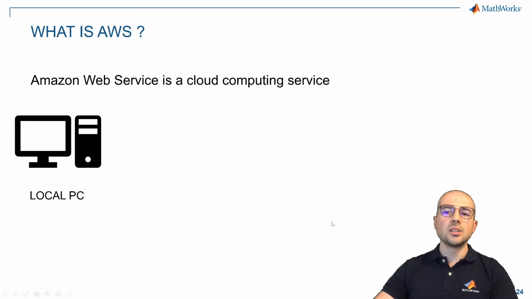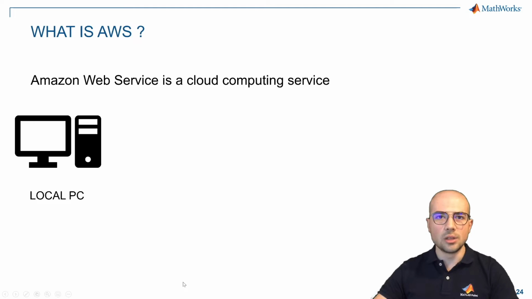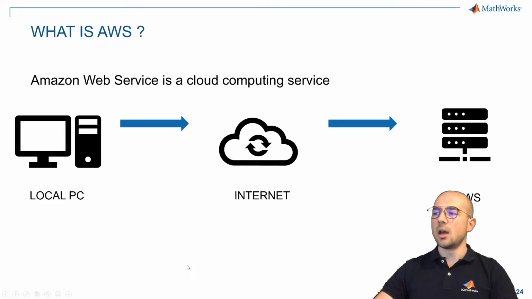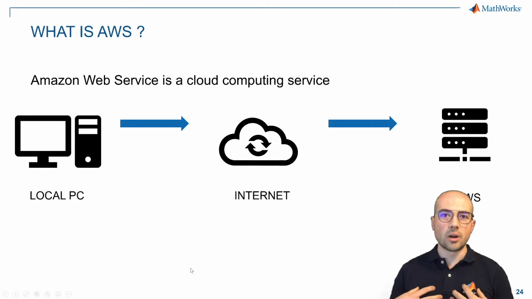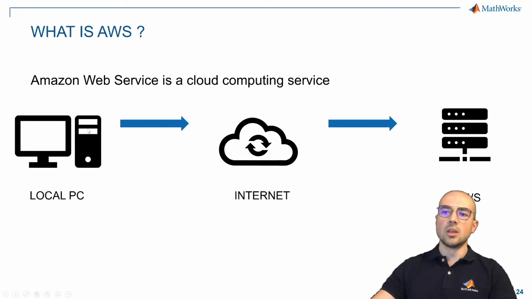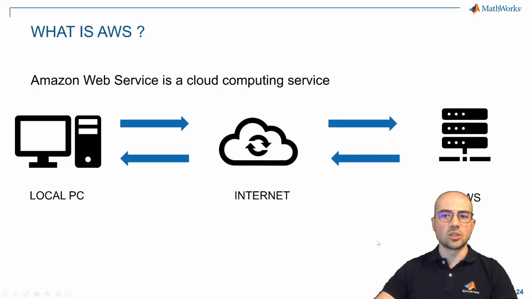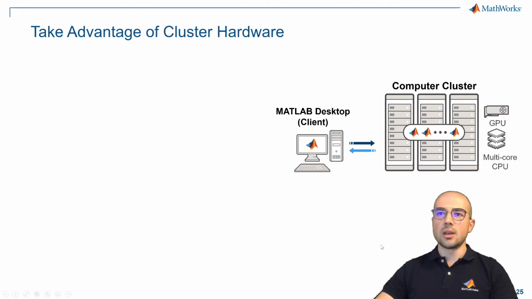Until now you used the local PC, but nowadays, with the capability to connect to the network, we can connect to the internet and use some provider services like Amazon Web Services in order to use their computing capability to do our task. In particular, we can send the information, the jobs, and get back the results. Okay, how to do this?